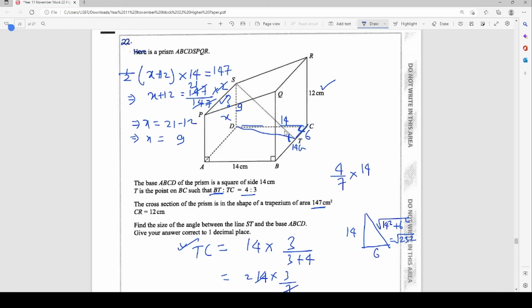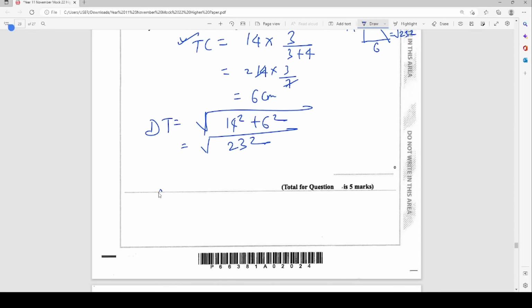Now in order to find the angle, I can find it using a triangle. I will draw another triangle for you and name it S, D and T. This length came out to be root 232, and this length came out to be 9. We need to find this angle. So theta is nothing but arctan, or tan inverse, of 9 over root 232.